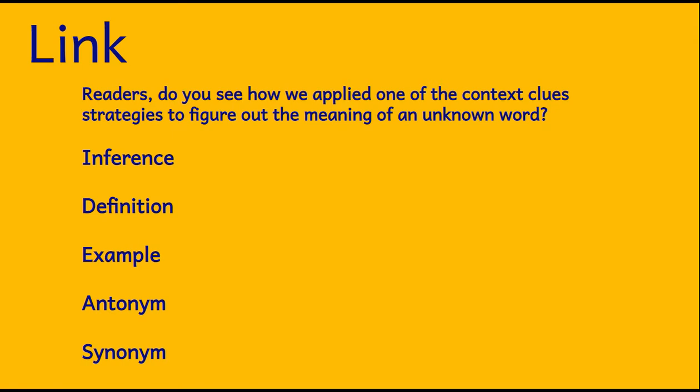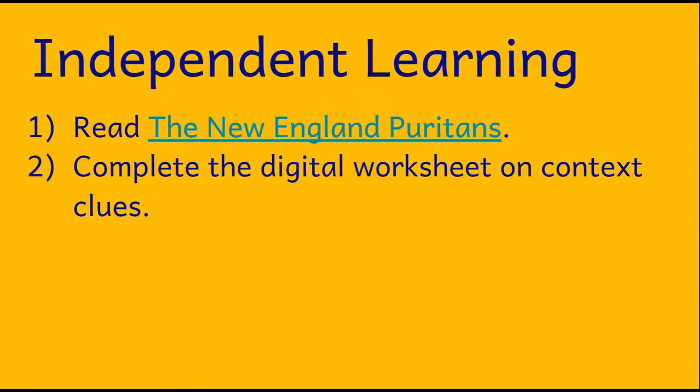Antonym means a different word that has the opposite meaning, and synonym is a word with a similar meaning, and the word looks kind of like it or is different.